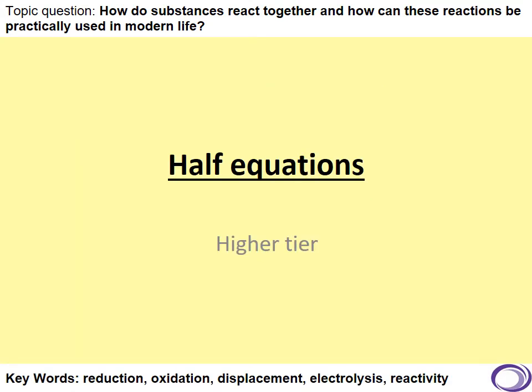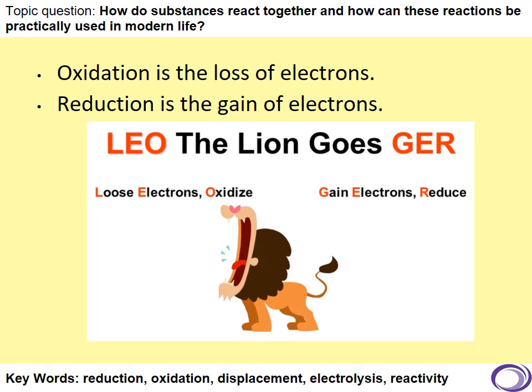For students studying the higher tier, you need to be able to express the formation of the products in electrolysis as half equations. First of all, we've previously talked about oxidation and reduction being the loss and gain of oxygen, but these also apply to electrons.